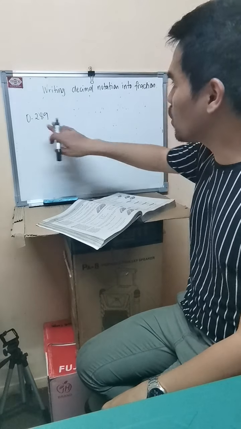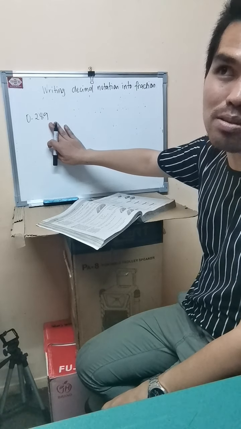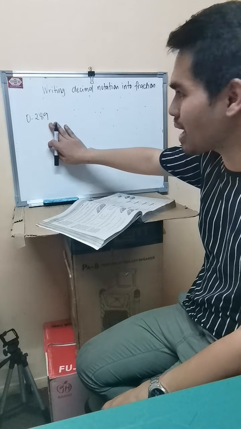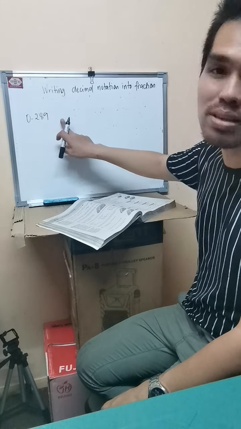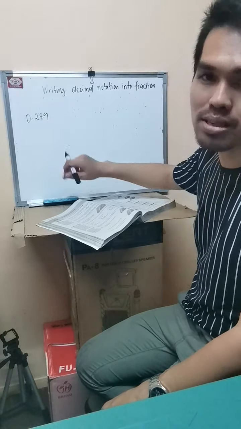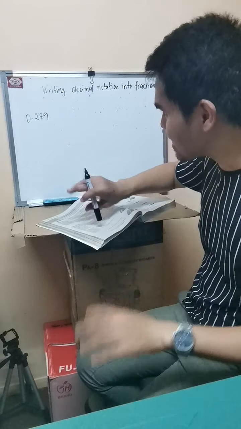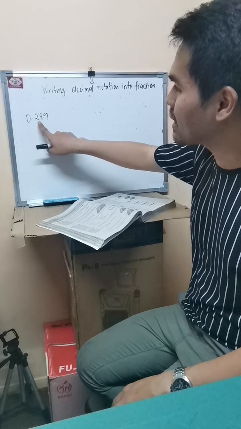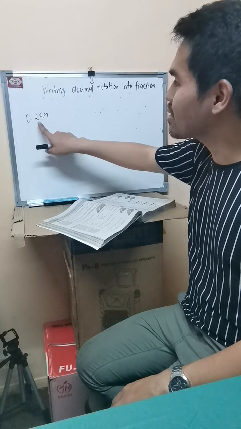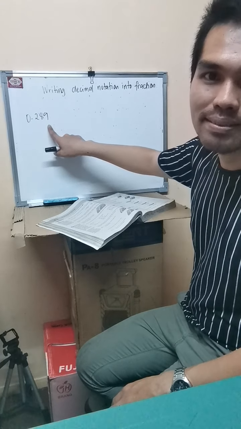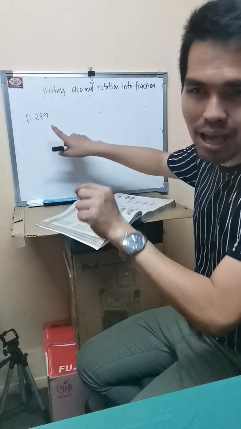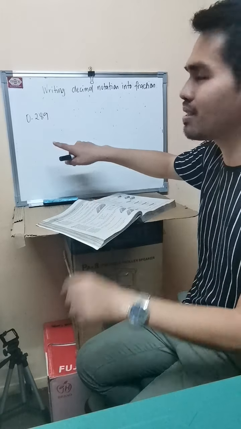Yeah, correct. So 9 here is in the thousandths place. So again, let me clear that one and emphasize it. This one here is read as 289 thousandths. Thousandths as in THS. Okay?